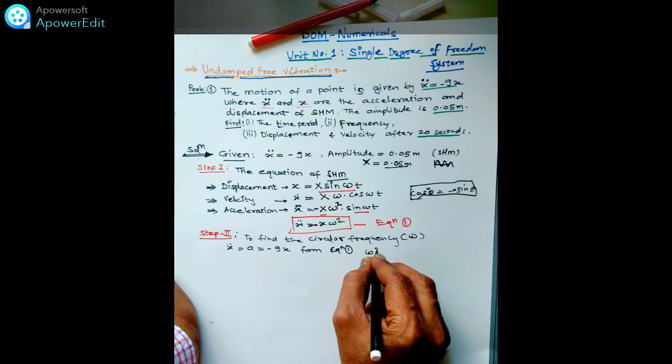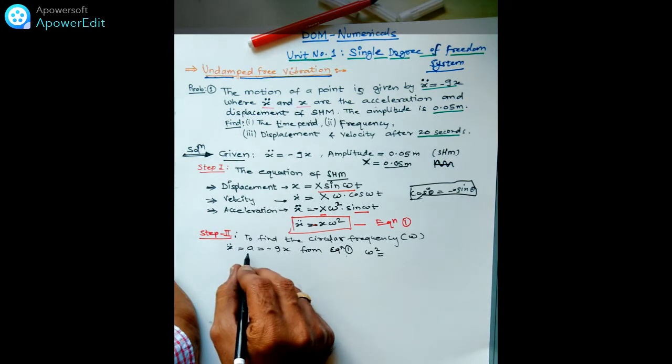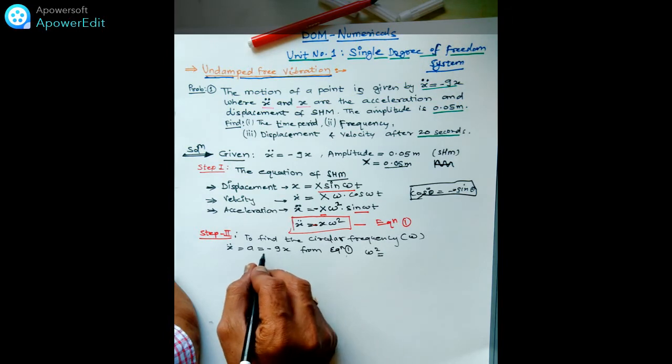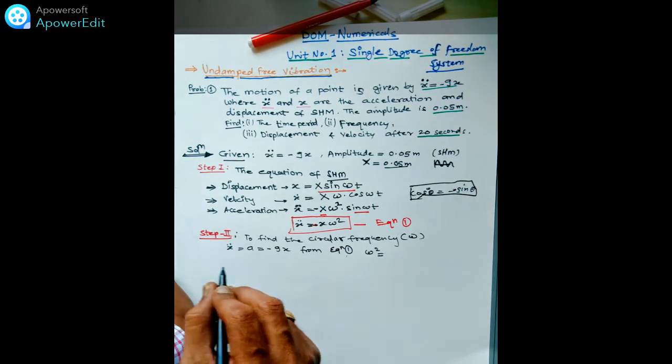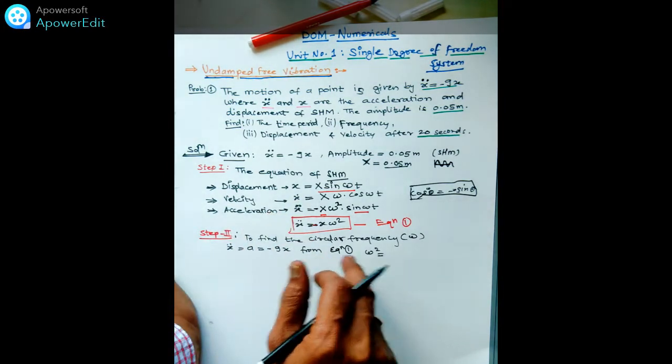This omega square is equal to... A is equal to minus 9x means that is the x double dot, so just compare.